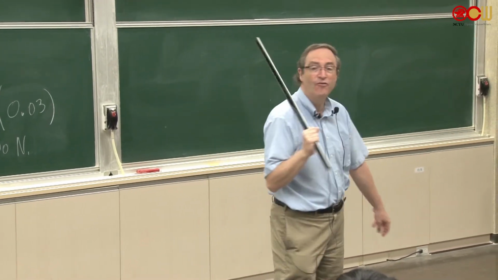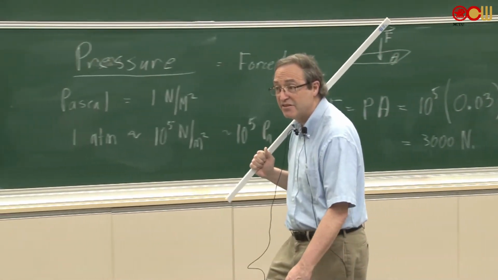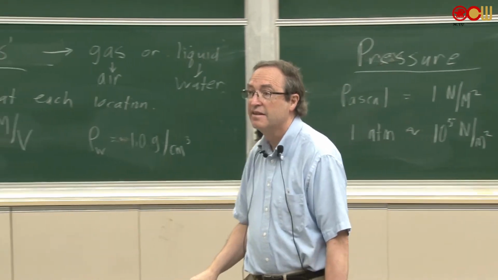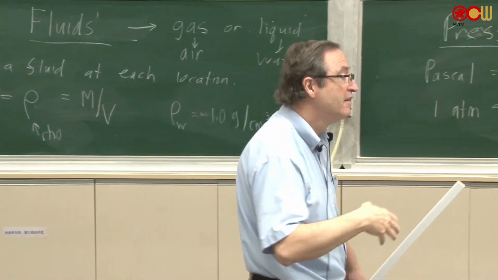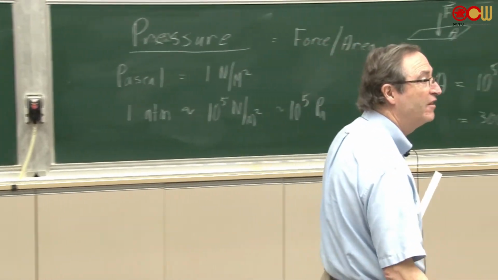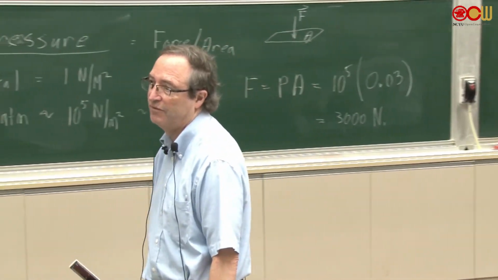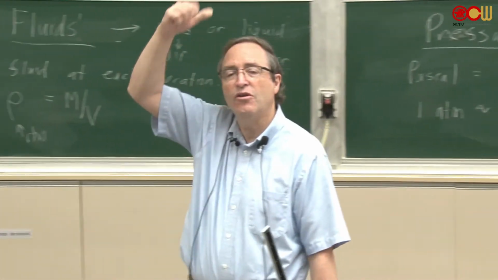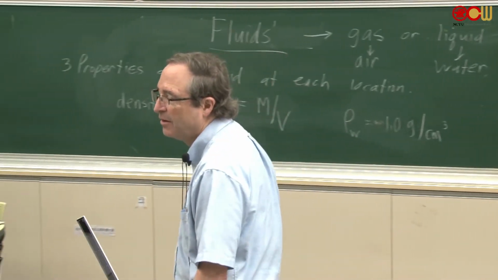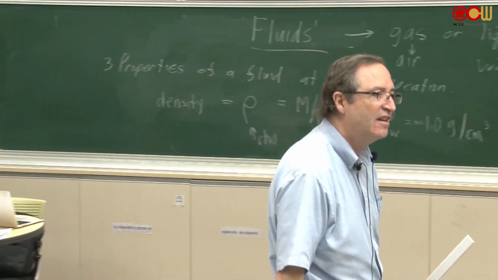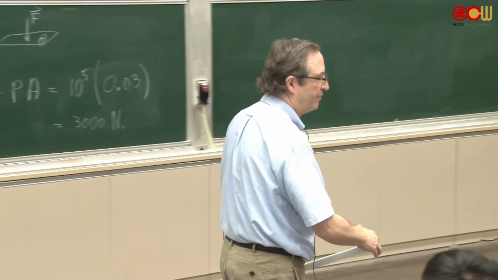There's a lot of force on your head. Well, the reason is inside your head, your blood, the air in your body, everything is also pushing with the same pressure, roughly. So the pressure on the top of your head is balanced by the pressure inside your body. And so you don't feel anything, right?